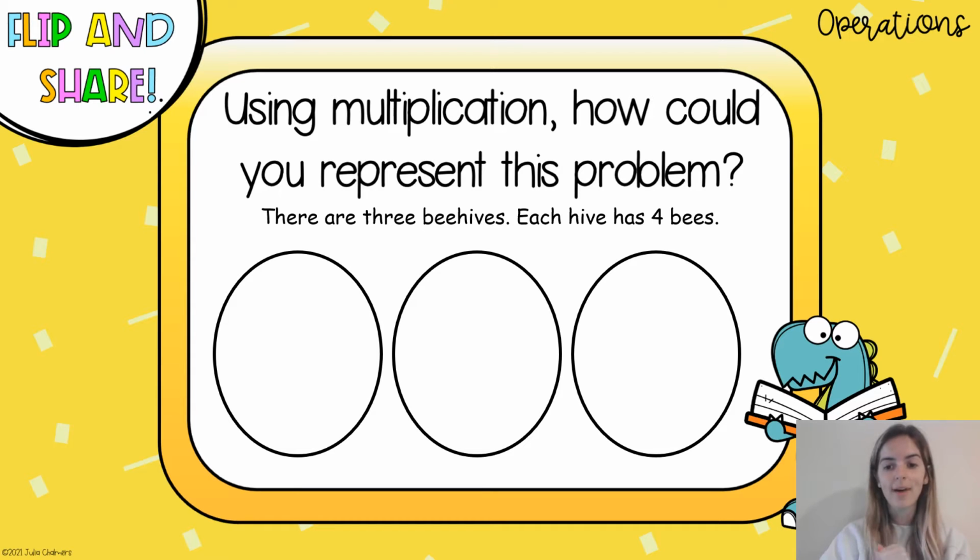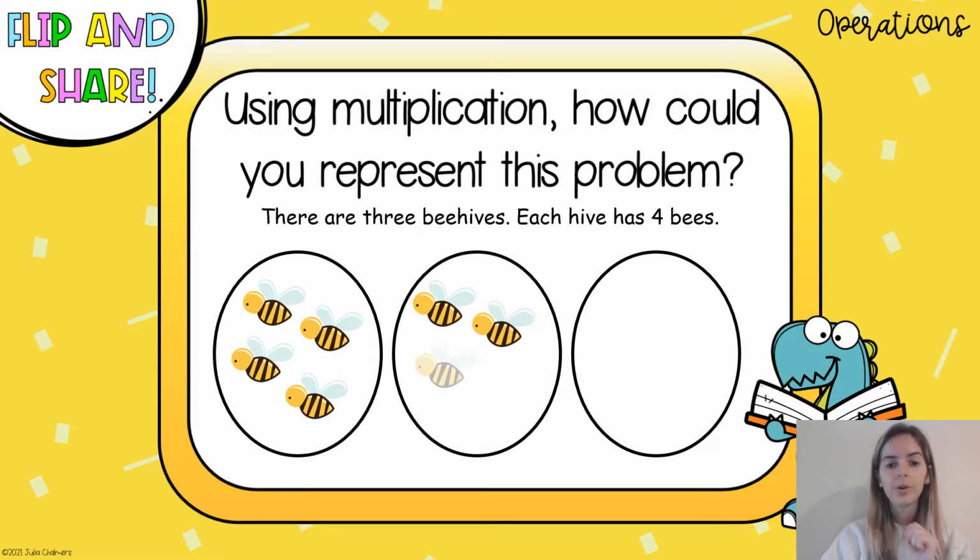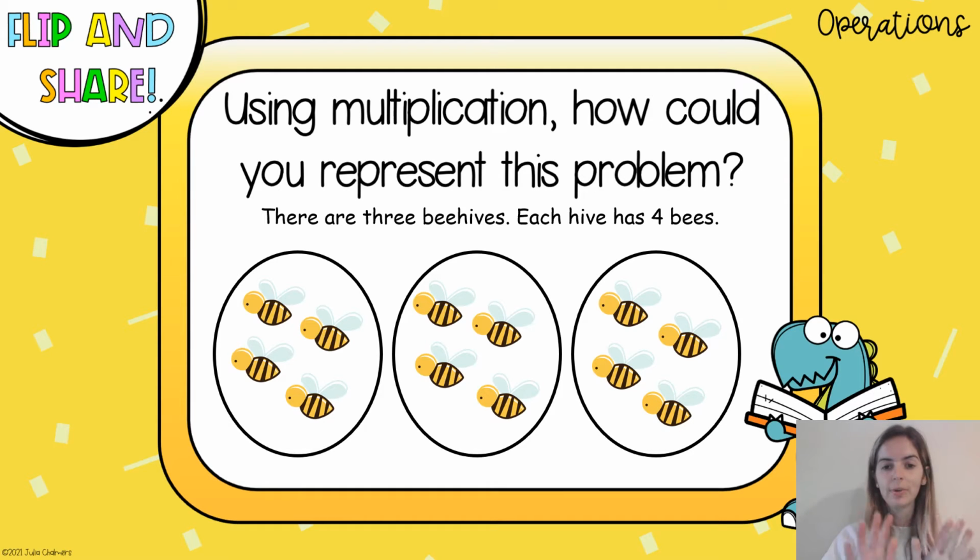Now each hive has 4 bees. 1, 2, 3, 4. 1, 2, 3, 4 and 1, 2, 3, 4. So I've got my 3 groups with 4 in each group and that's how you could represent this problem.